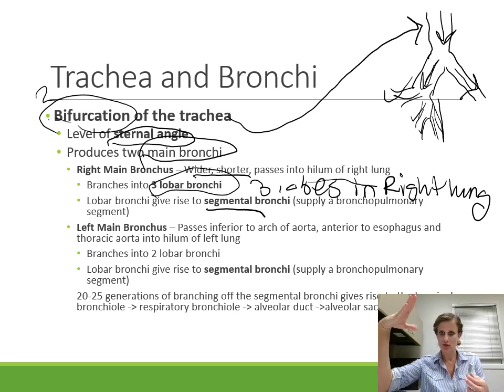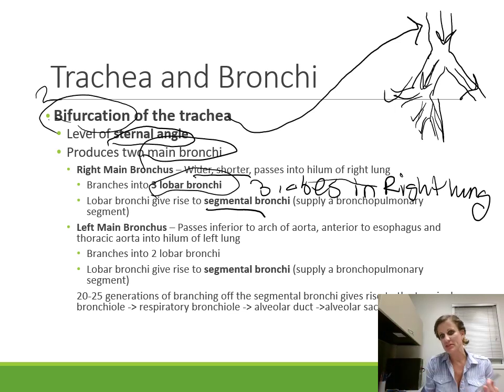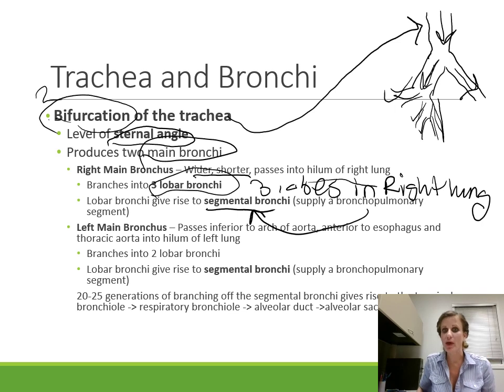Okay, so from the pleural surface in towards the hilum, there are these pyramids that radiate out in little segments of lung tissue. Each segment is called a bronchopulmonary segment, and each one is fed air by a segmental bronchus. So we go main bronchi, lobar bronchi, segmental bronchi. The segmental bronchi deliver air to a bronchopulmonary segment.